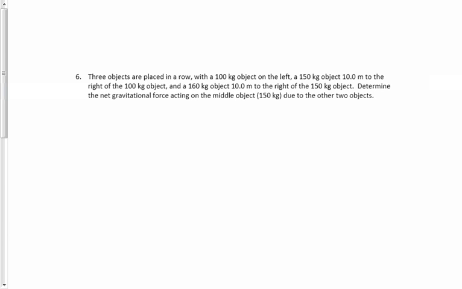Three objects are placed in a row. Here's 1, here's 2, here's 3. Let's name the first one Object 1. Let's name the second one Object 2. What do you want to name the third one? 3? Oh, that's a good idea. Good idea, Julia. Let's name it Object 3.